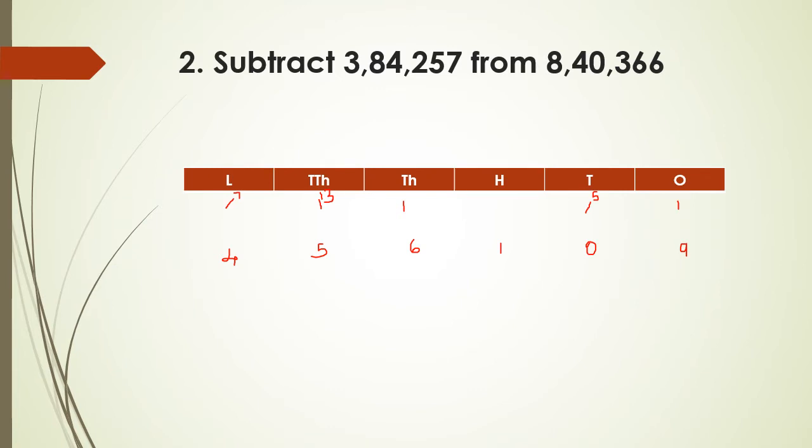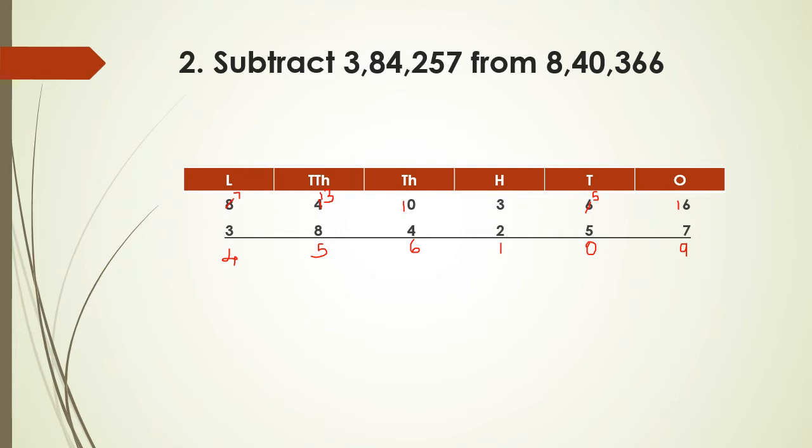Then next write the numbers under the place value chart. So first number you have to write the bigger number. What is the bigger number? 8,40,366 minus 3,84,257.